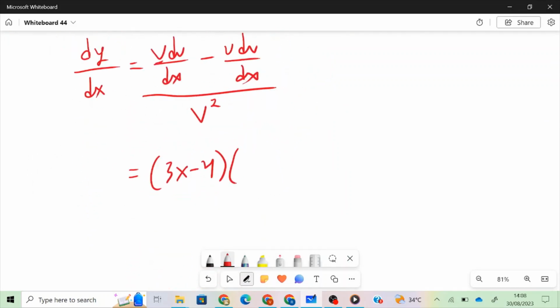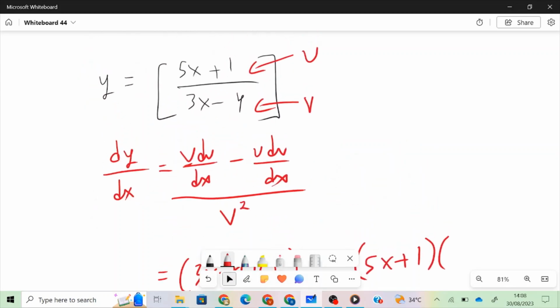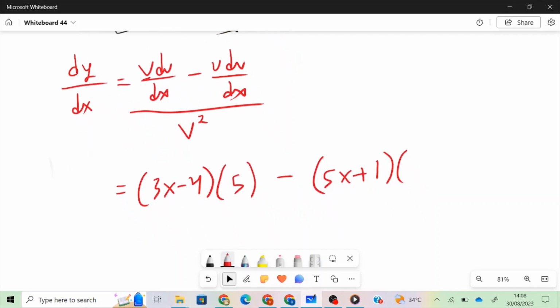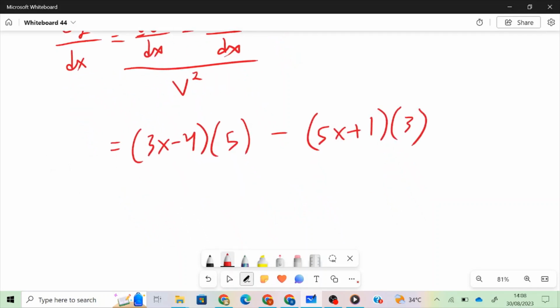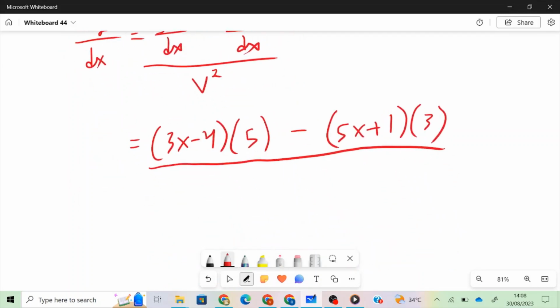Differentiating 5x plus 1, we get 5, minus u, which is 5x plus 1, being multiplied by dv dx, and the derivative of v, 3x minus 4, is 3. All of this all over v squared, and our v is 3x minus 4, so 3x minus 4 squared.